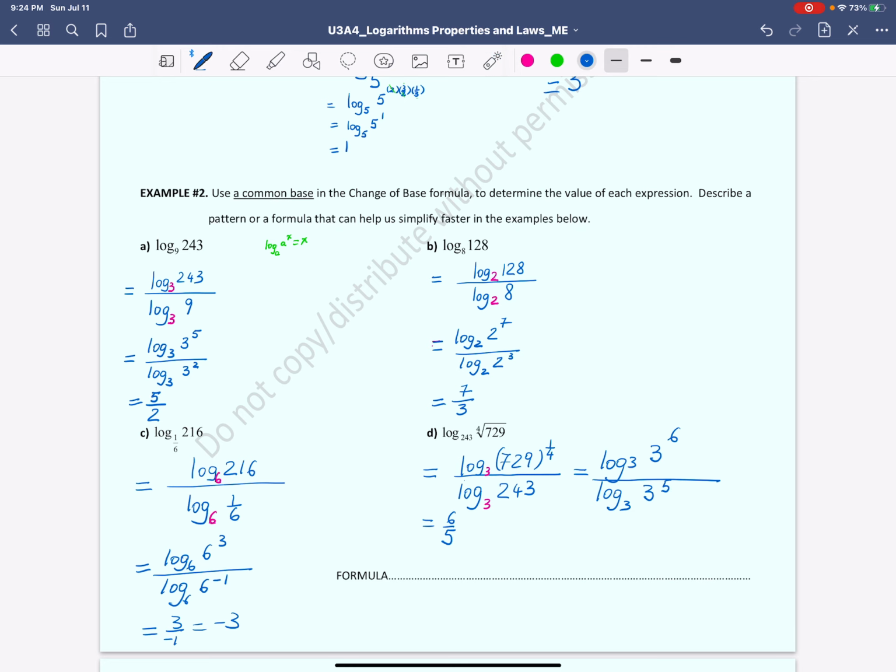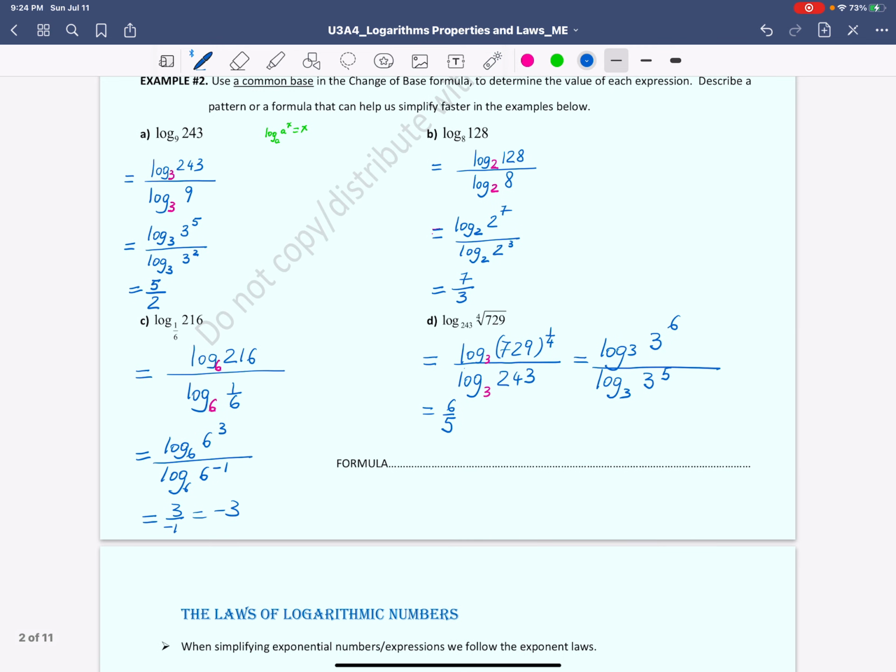So we are going to say that if we have log of some number a to the power of m with base a to the power of n, the answer will always be m divided by n. So the pattern is consistent in every answer. So 5 over 2, 3 over negative 1, right? And so on.